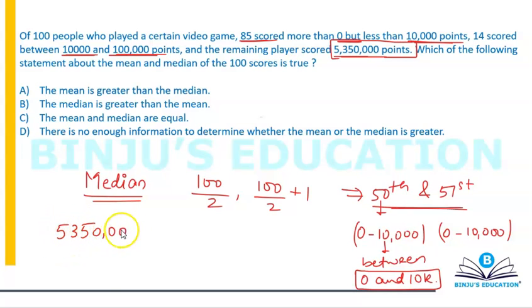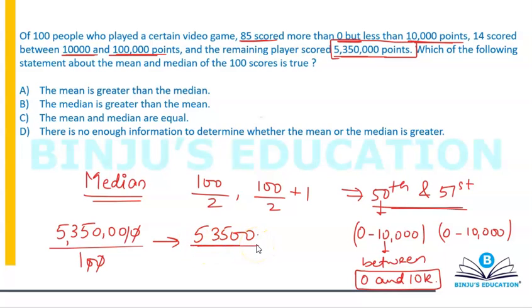5,350,000. If you divide this by 100, then even if the remaining 99 players have scored 0 and only the 100th one scored 5,350,000, the average will simply be equal to 53,500.